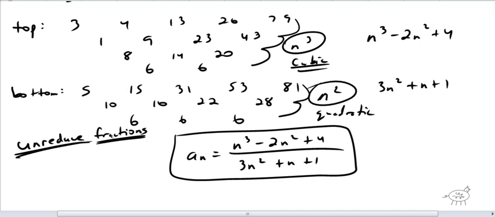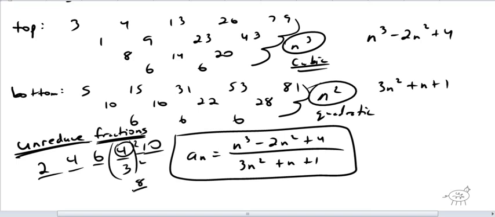Because if you have something where the top is 2, 4, 6, and instead of 8 it was 4/3, and then 10. Let's say that was my numerator. I know that the pattern is 2, 4, 6, so that needs to be an 8. If that was 4/3, I would have to multiply it by 2 over 2 to get it to be 8 over 6.